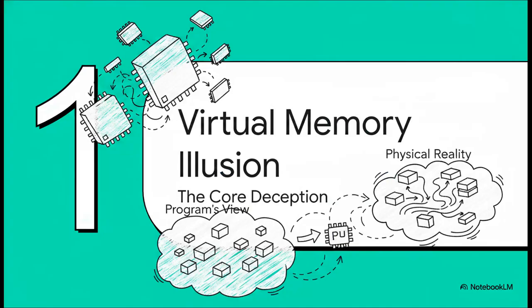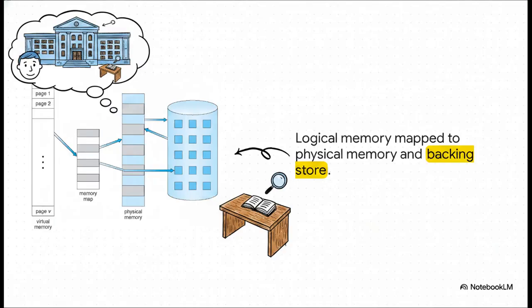Part 1. The virtual memory illusion. So our first step is understanding the core deception here, and honestly, I mean that in the absolute best way possible. The operating system basically creates this total separation between what a program thinks is available and physical reality. Imagine your computer's hard drive, what we call the backing store, as this massive, multi-story public library. That's where all your information lives.